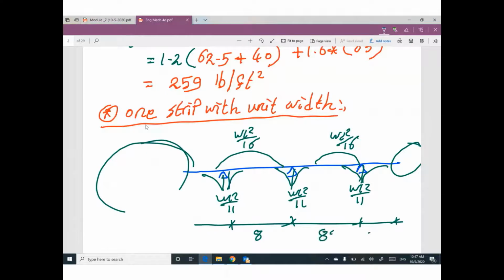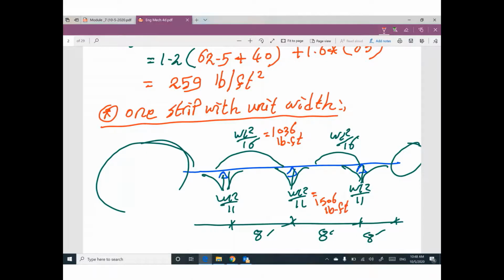So I can figure out the value of this moment. W L square is 259 times 64 divided by 16. This value is 1,336 pound foot. This value will be 1,506 pound foot.